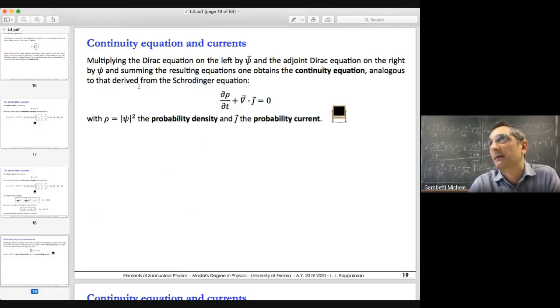By multiplying the Dirac equation on the left by the adjoint spinor, and the adjoint Dirac equation on the right by the spinor, and summing up the two resulting equations, one obtains the continuity equation, analogous to the one you obtain in non-relativistic quantum mechanics, where rho is the probability density and J is the probability current. So let me derive this once more on the blackboard.